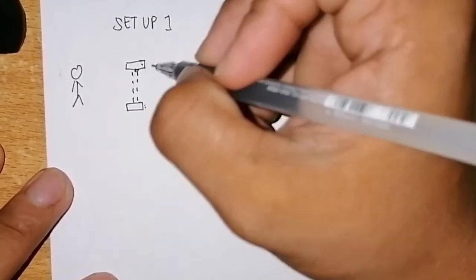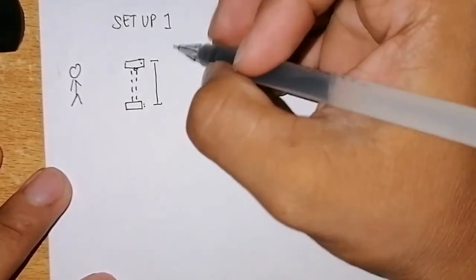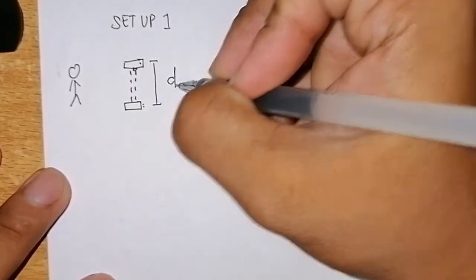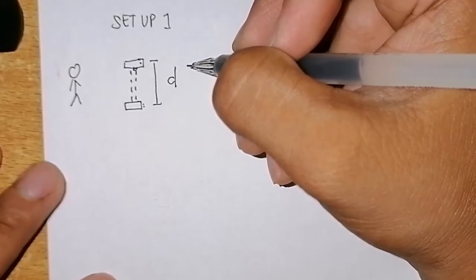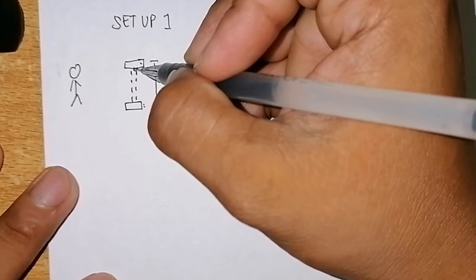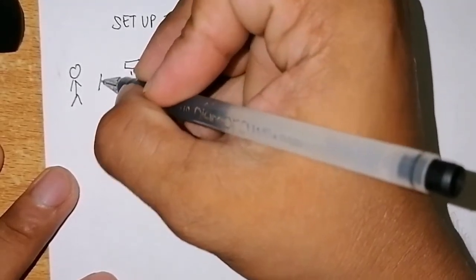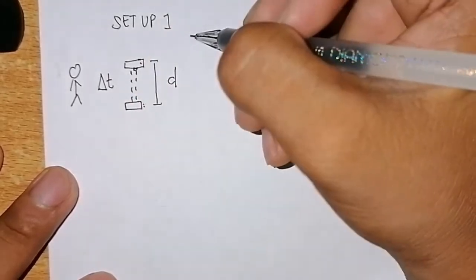So this distance being covered is identified as the d distance, and the time that it travels back and forth is considered as the change in time.